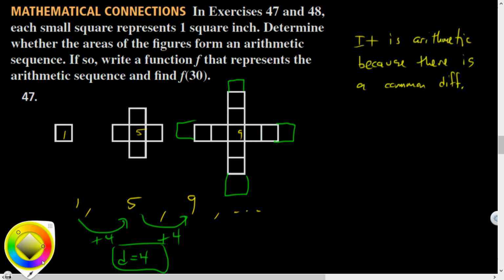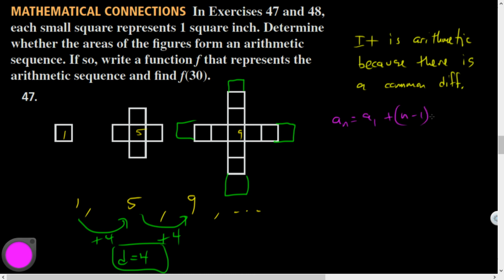Well, let's use this here. So let's see, that'd be my first term plus n minus 1 times d. I'll call this f of n function. And what do I know? What's a1? 1.